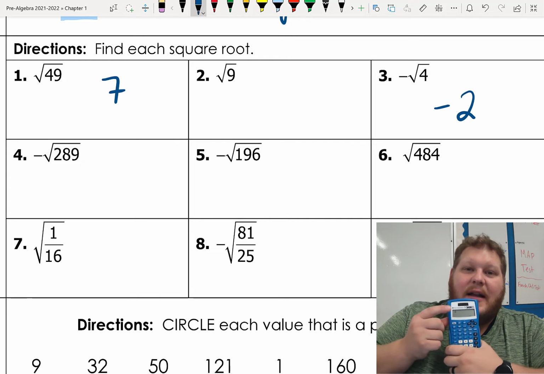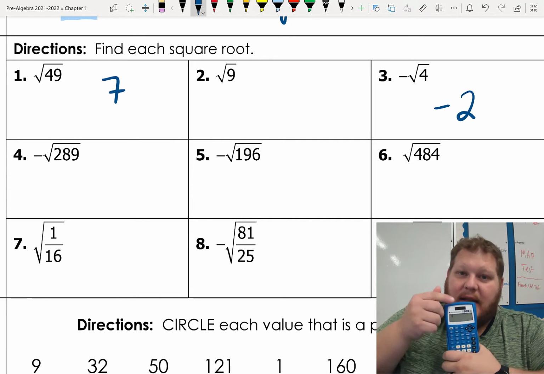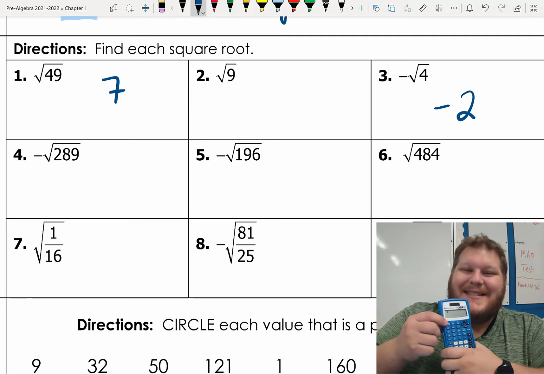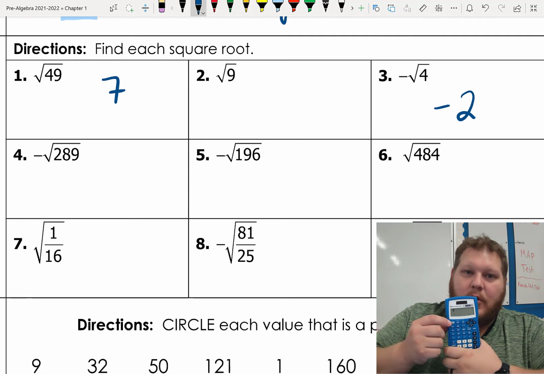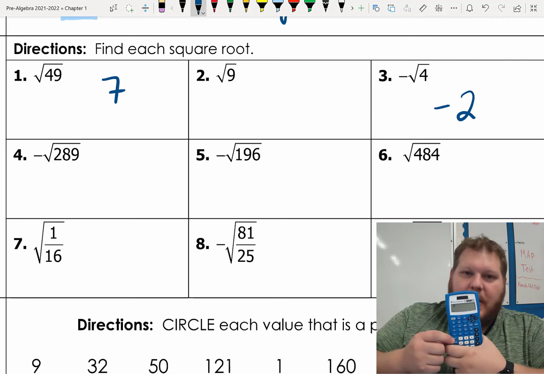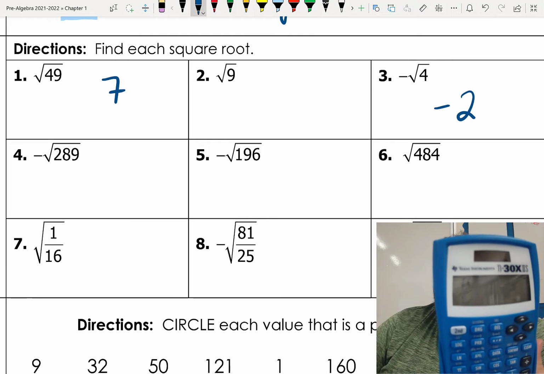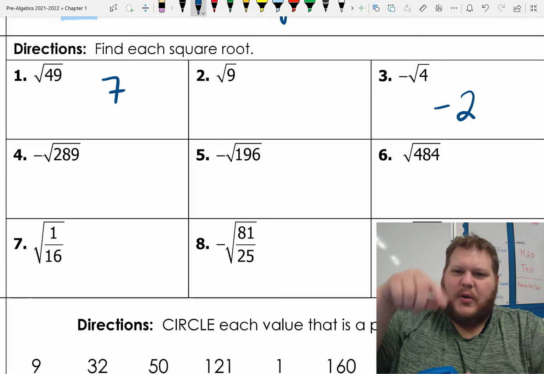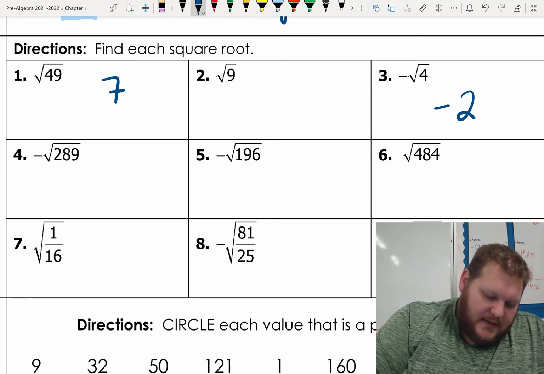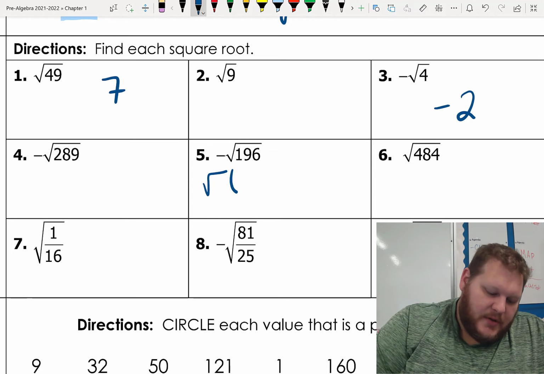So to get that into your input, you have to hit the second button in the top left corner. So I'm going to hit second, and then that x squared button, and it should pop up with that square root symbol and a little parenthesis. It should look something like this, my square root symbol, and then it opens a parenthesis right away.